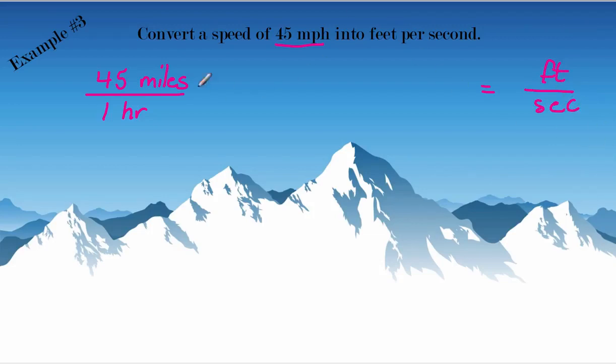What if I change the color a little bit here? I'm looking a little bright. Well, the first thing I'm going to do is change this hour right here into 60 minutes, and that's an equivalent. So I'm doing 45 miles for every 60 minutes.